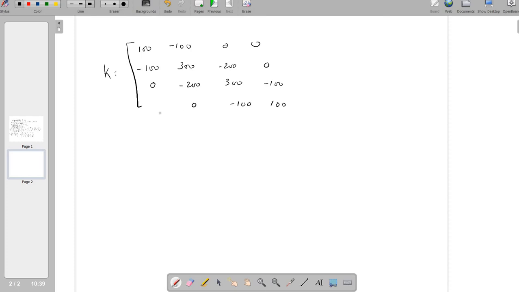So we can diagonally arrange the matrix here. If you diagonally arrange the K1 matrix, this is K1. If you diagonally arrange the K3 matrix, this is K3. The only difference is that when it combines with the other spring system, the K values should be added. So here 200 plus 100, here 200 plus 100. This minus 200 is from the K2 element. So this is the overall stiffness matrix.